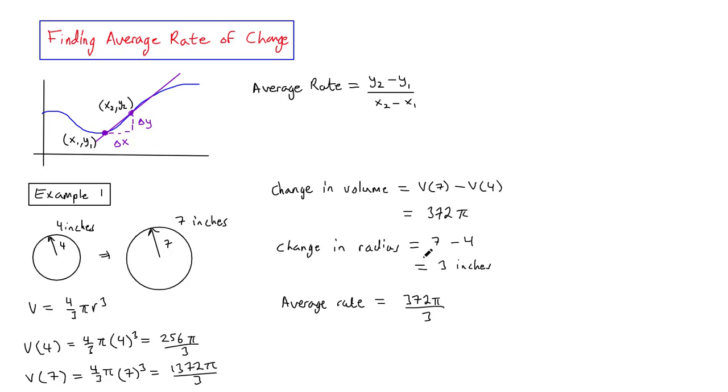We can round it to 1 decimal place. This comes out to be 389.6. And our unit will be in cubic inches per unit inch.